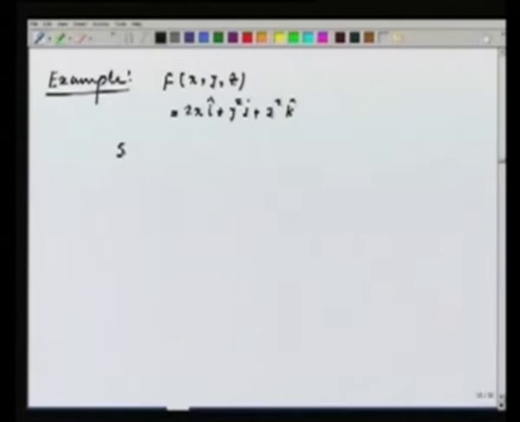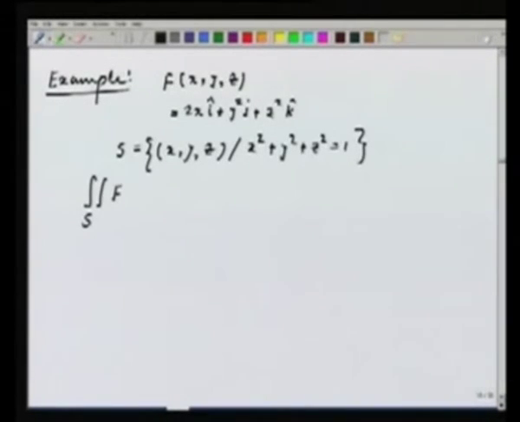And let us say S is the unit sphere. And I want to calculate the integral over S of f dot n d sigma. In principle, I should be able to do that. So let us try to see what comes.